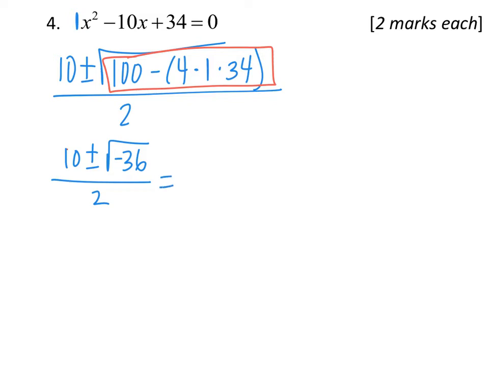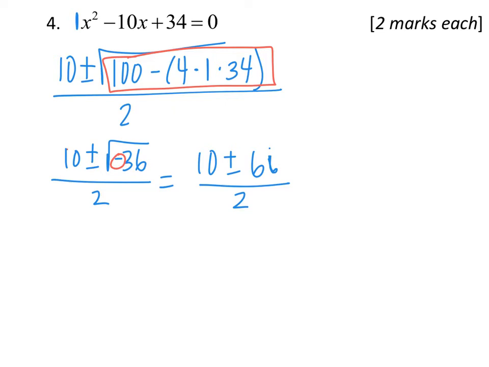So here, this negative becomes an i. And then we just take the square root of 36 as if there was no negative, which would be 6, all over 2.